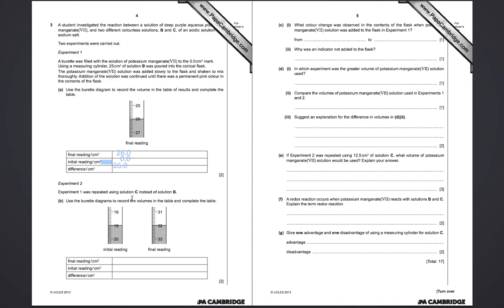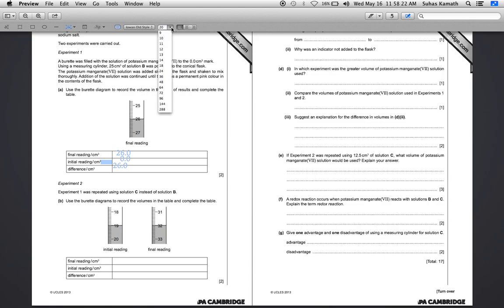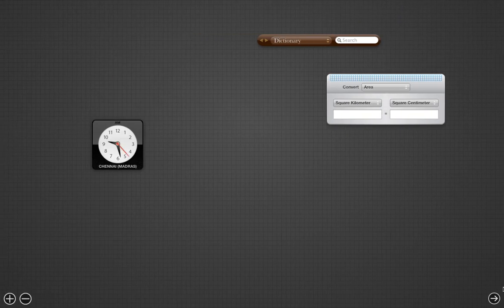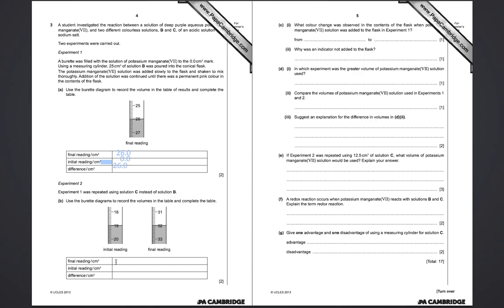So experiment 1 was repeated using solution C instead of solution B. Use the burette diagrams to record the volumes in the table and complete the table. So the final reading is, wait a minute, let me just reduce my handwriting, reduce my size so that, yes, it will fit in.